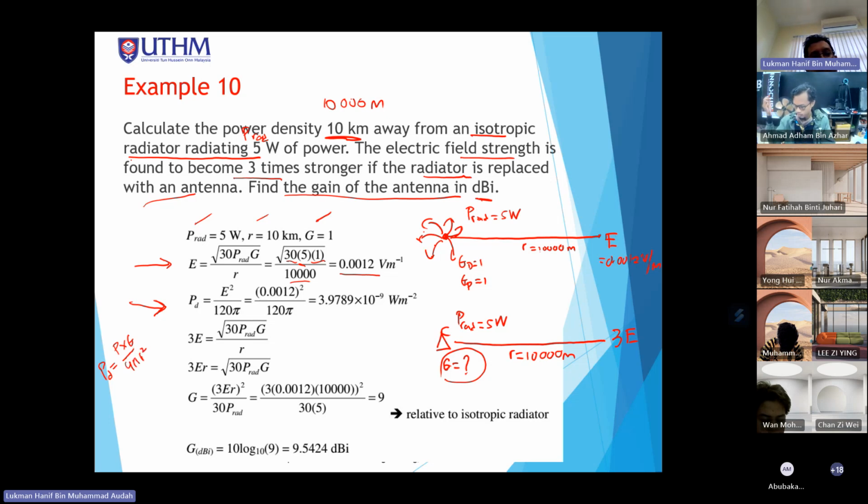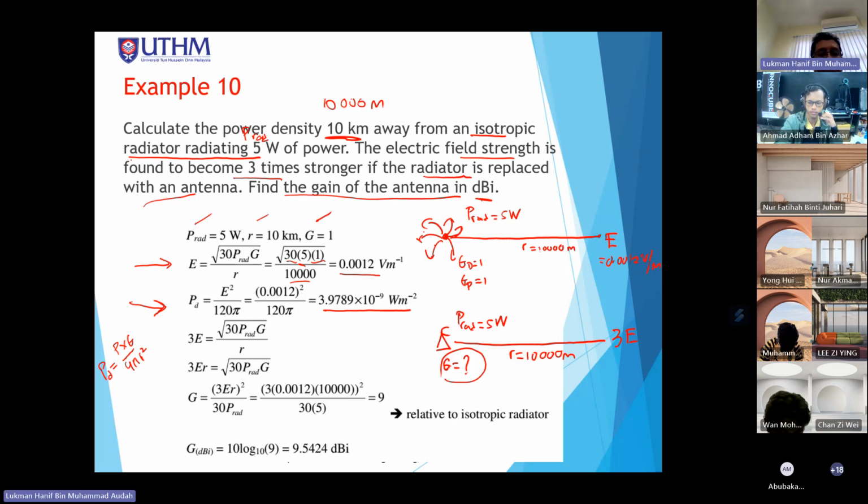You get the same answer. There are a few formulas to find the power density. In this case, it uses E square over 120 pi, and we get this power density.